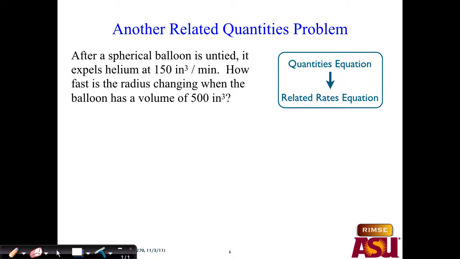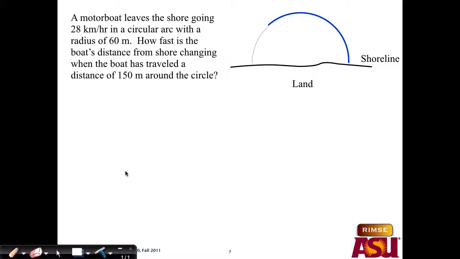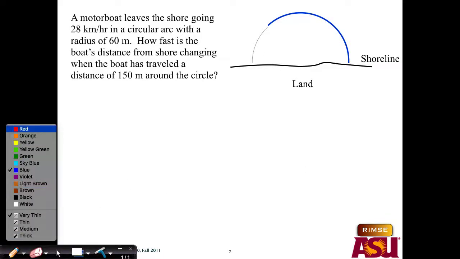That's what we did. So here we've got a motorboat leaving a shore going in a circular arc at a speed of 28 kilometers per hour. The circular arc has a radius of 60 meters.